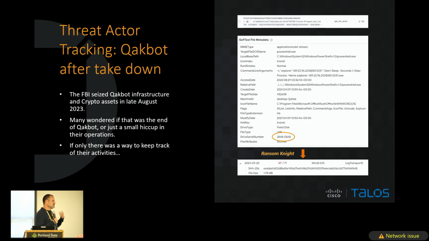So there was some discussion. I just published a blog yesterday with more details on this entire campaign. And there was some discussion of whether it's the same actor or not. Maybe the distribution network that is being used to distribute this malware is not the same as QuackBot used in the past, but I know for sure that the link files that they are using were created on the same machines that were used to create QuackBot in the past.